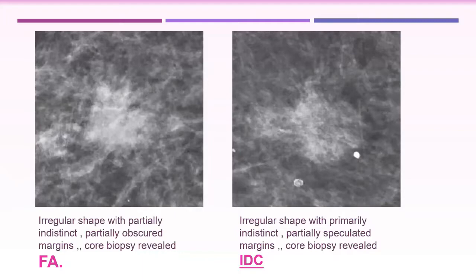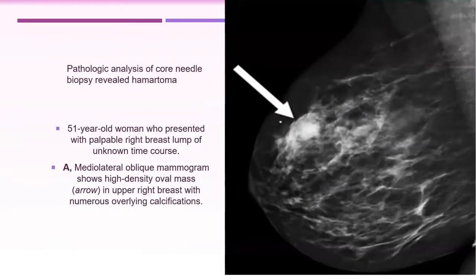We have to confirm by pathology diagnosis. Not only that, even the typical BI-RADS 2 hamartomatous lesions might at some point simulate and mimic breast cancer, okay, as in this case, presenting as indistinct or obscured high density lesions.